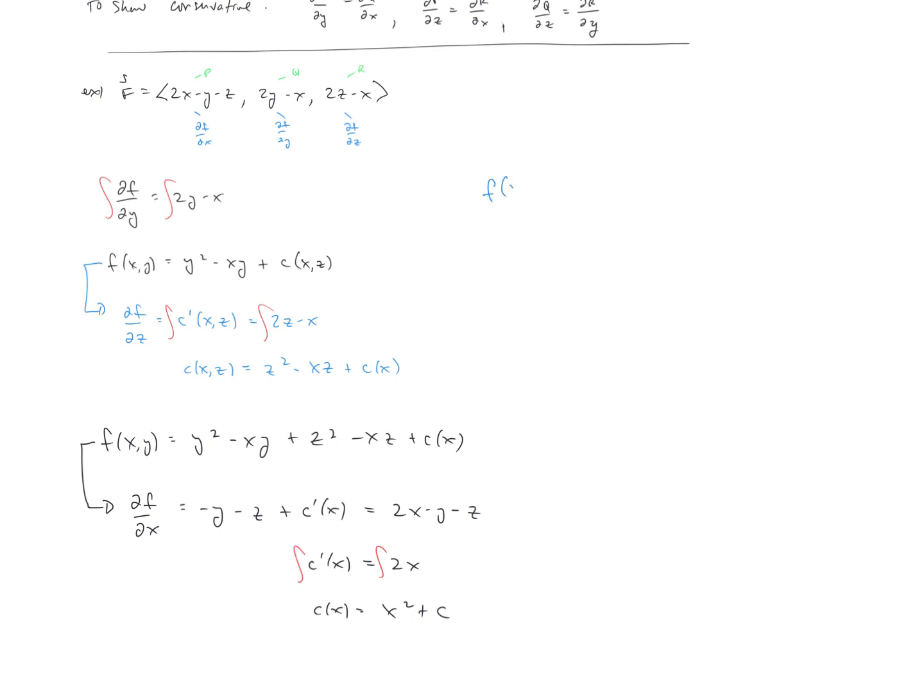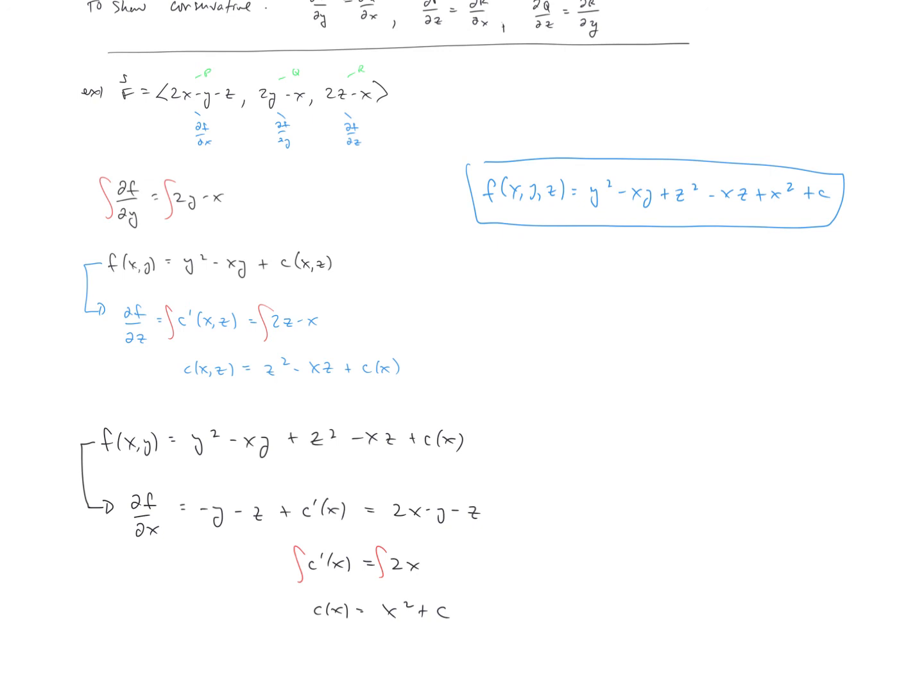My f of xyz is going to be y squared minus xy plus z squared minus xz plus x squared plus c. So for that step, all I did was take my c of x and replace it right there. And so that being brought up to there is our potential function. If we were to need to evaluate, we certainly could, but this is our potential function.